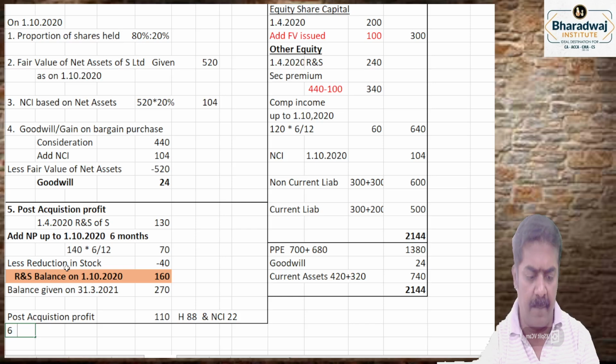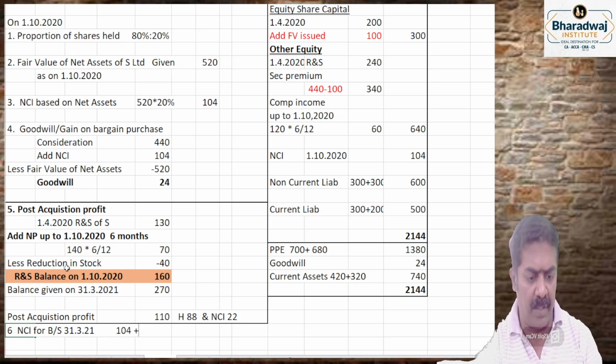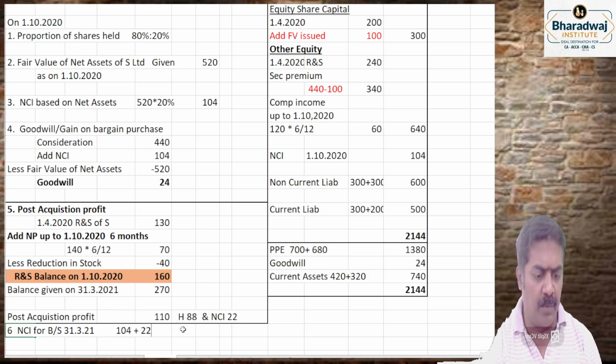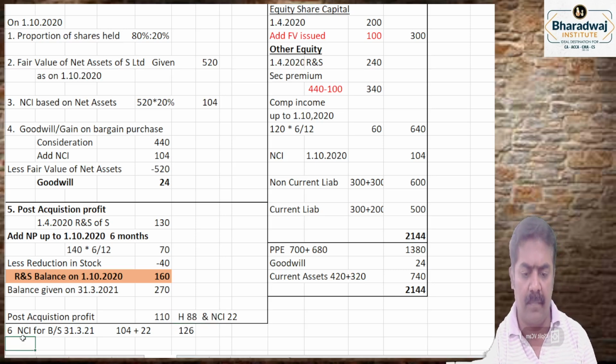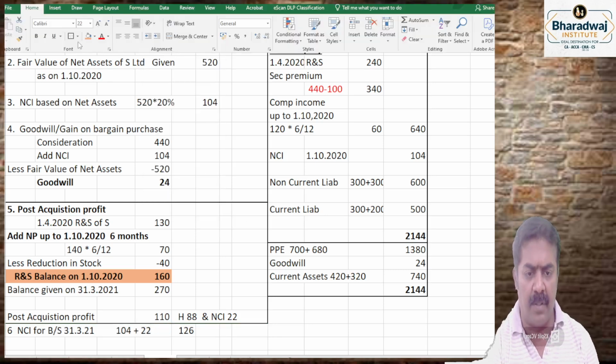Step 6, NCI for balance sheet. What was the opening balance? 104 plus 22, share of post-acquisition profit. Opening balance plus which one?